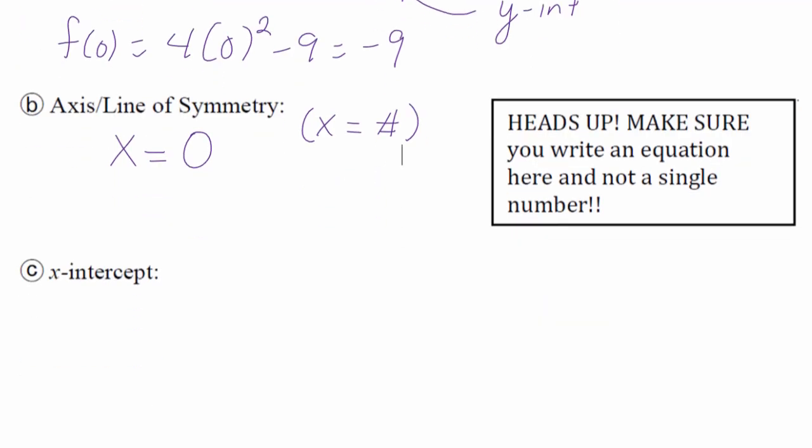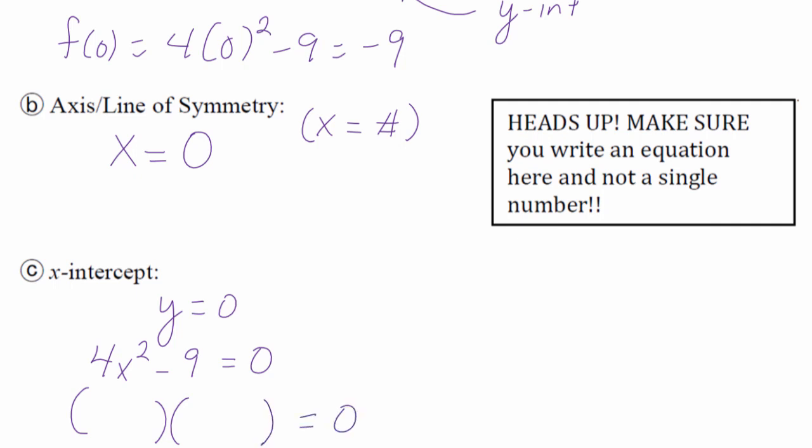The x-intercepts. Okay, so now we're going to set y to 0. So we have 4x squared minus 9 equals 0. There's a couple of ways to solve this quadratic equation. I'm seeing the difference of squares here in our factoring, so I'm going to do 2x minus 3, 2x plus 3.